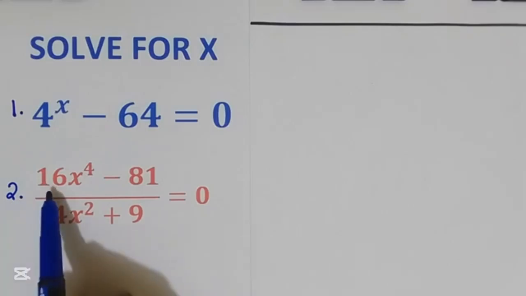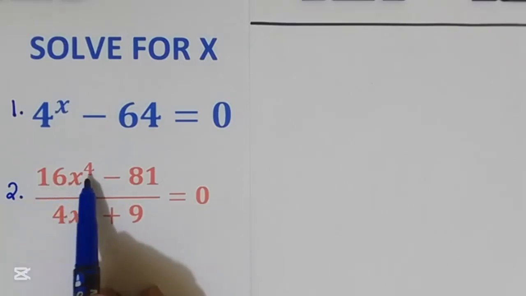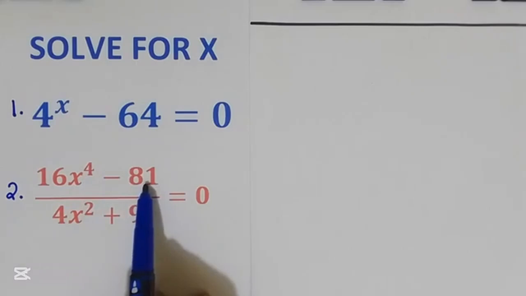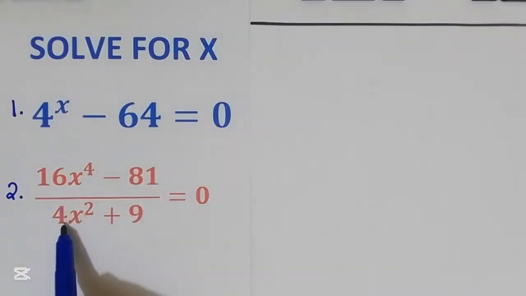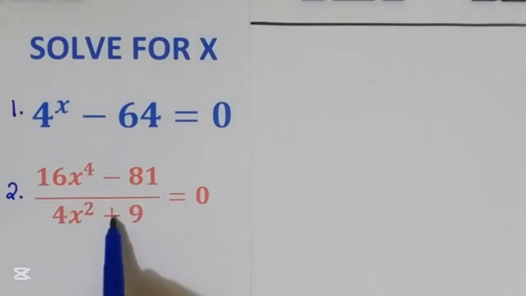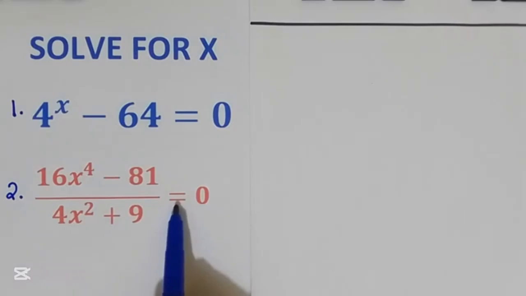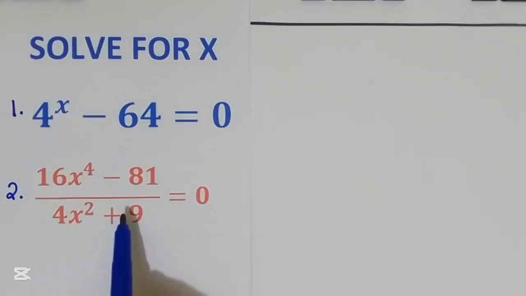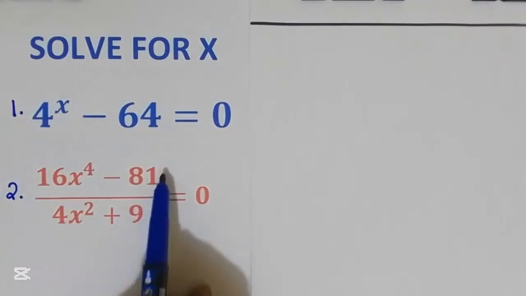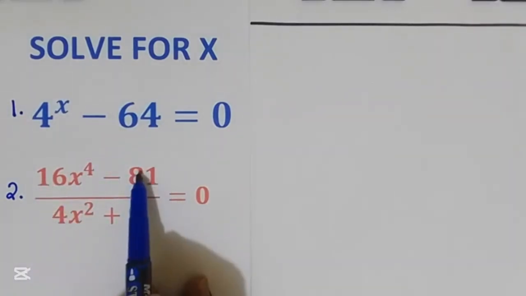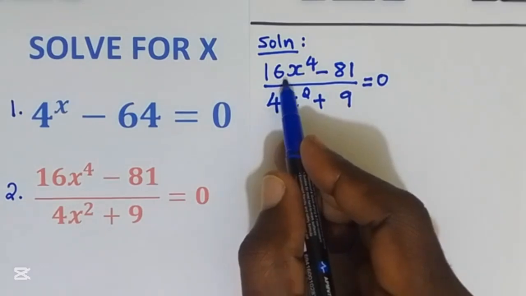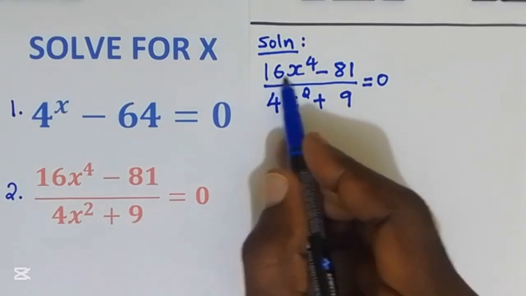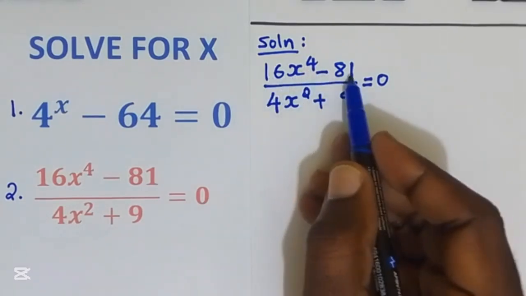We have 16x power 4 minus 81 over 4x squared plus 9, which is equal to 0. First of all, we are going to simplify the left hand side, then we are going to solve for x. Let us look at the numerator, 16x power 4 minus 81.